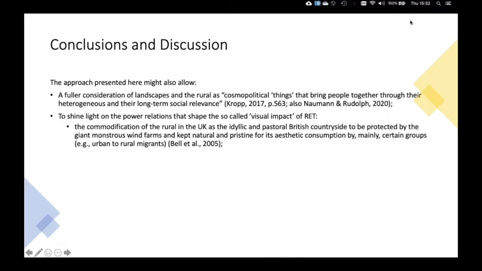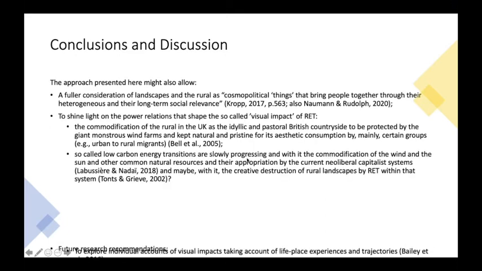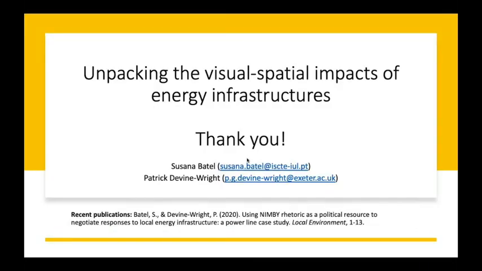So it's a bit going back to even Robert's and Alex's presentation, is being able to also think about the visual impact of RED in its materiality and as materializing ideological relations and power relations between different groups in a given society. So I'll leave it there.